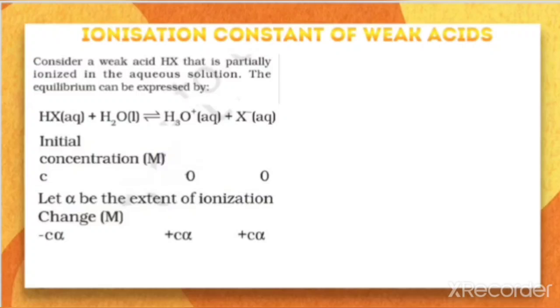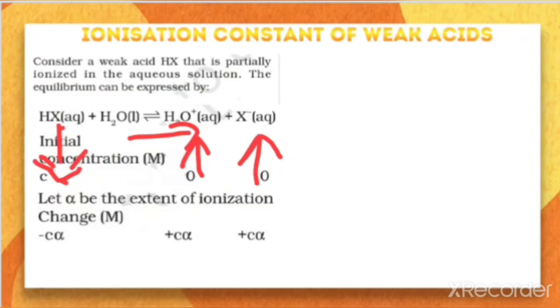So what will be the decrease in the concentration of the reactant? When this reaction moves in the forward direction, there is a decrease in the concentration of the reactant and an increase in the concentration of product. So let alpha be the extent of ionization. How much is the decrease?